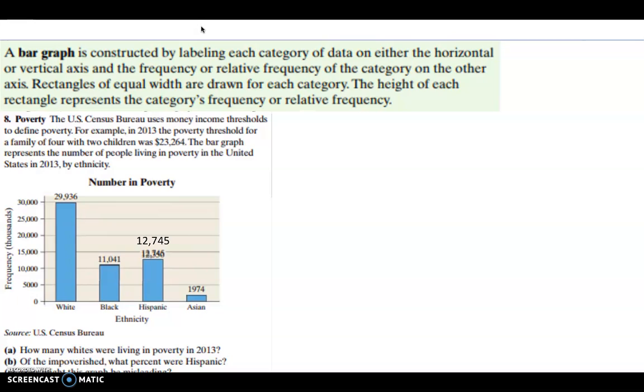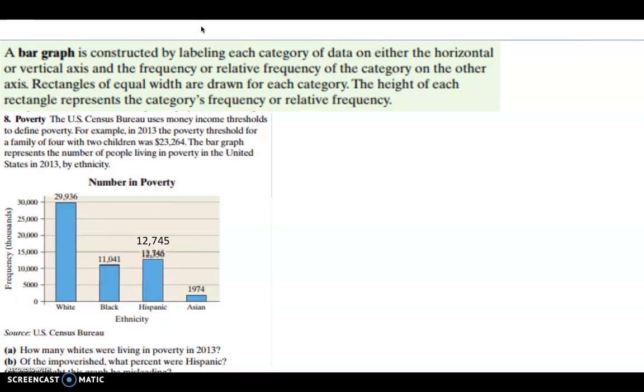Now a bar graph hopefully is not anything new to you, but it is constructed by labeling each category of data on either a horizontal or a vertical axis. It just depends on how it's best going to fit, how you want to display, those kinds of things.